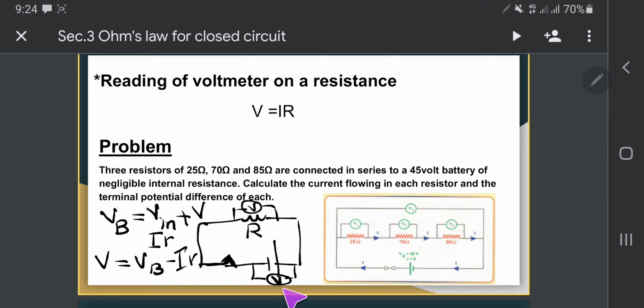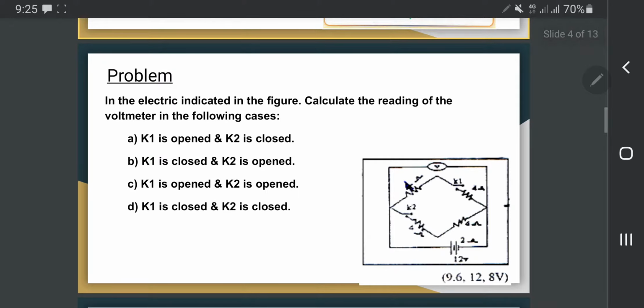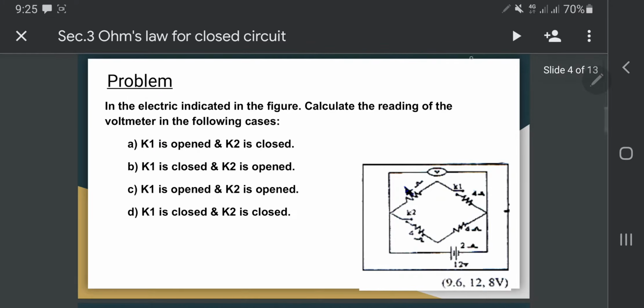Then when drawing a closed circuit and putting a voltmeter on the resistance, we apply V equals IR. But when we put the voltmeter on the battery, VB of the battery equals V in plus V out, or the terminal voltage. V in is, from Ohm's law, IR. So V equals VB minus IR.